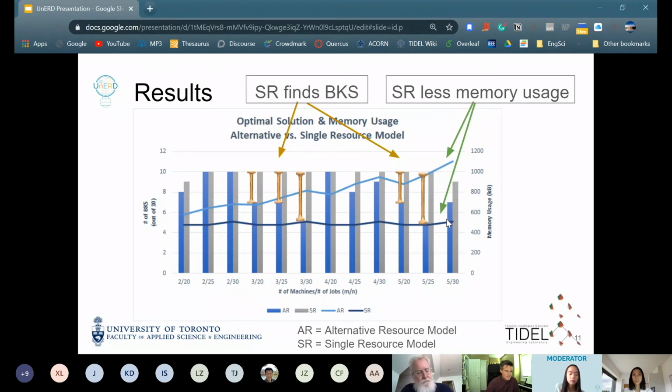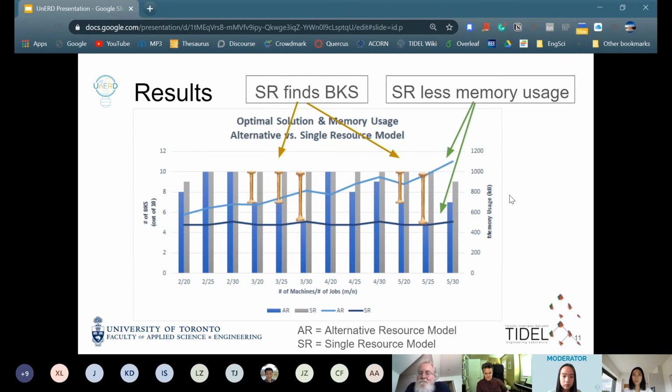Right. So we actually did some testing with a lot larger problem instances. So we had 10 machines, 20 machines with like 100 jobs. We even had 100 machines with 1,000 jobs. So we found similar patterns in those large problem instances. And we also found that for those larger problem instances, if we enforce a 5-minute time limit, and if we enforce a 10-minute time limit, they actually find the same results.